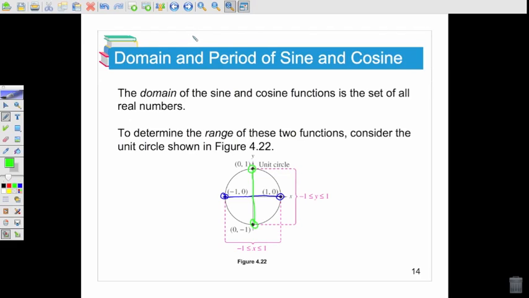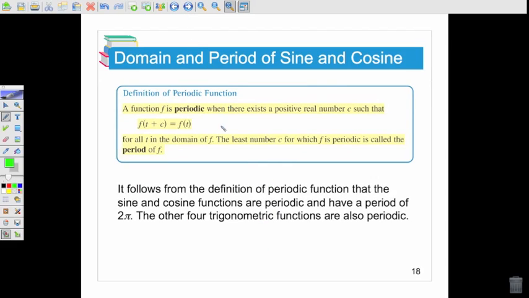That's because these functions are periodic. They're cyclical. Okay? And what that means is that any particular function that is periodic, you can put in any value you'd like to, but if you add a specific constant to that number, you'll get the same answer as if you didn't add the constant. So, for example, if I were to put in f of pi, right, I could get a sine and cosine.